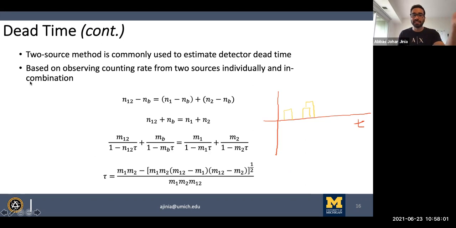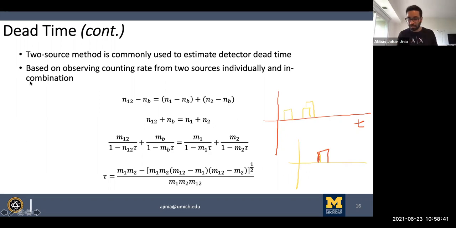These non-parallelizable and parallelizable models are two different ways of accounting for the arrival of two radiations within your tau period. In one of the models, it will simply ignore the second radiation. If these two radiations come in, the detector will have one signal and then be completely blind to the second radiation.